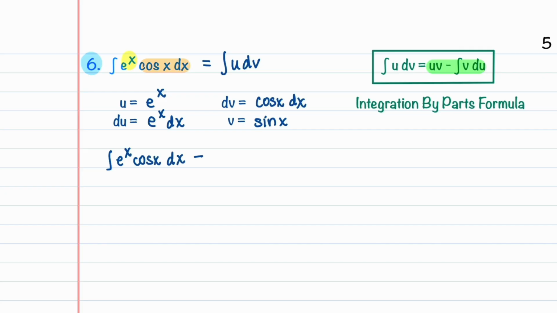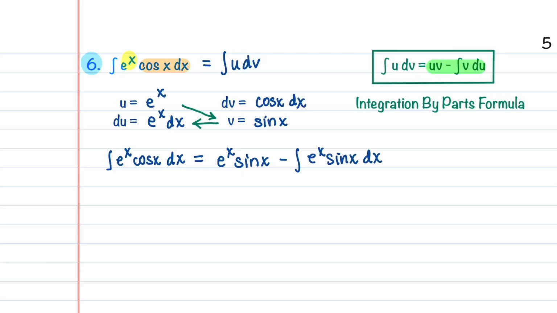It's really helpful to write that down for this type of problem. We're going to multiply u times v, and that gives us e to the x sine x. And then we're going to subtract off v du integrated. So we're going to subtract off the integral of e to the x sine x dx.